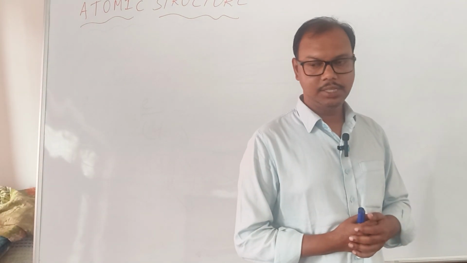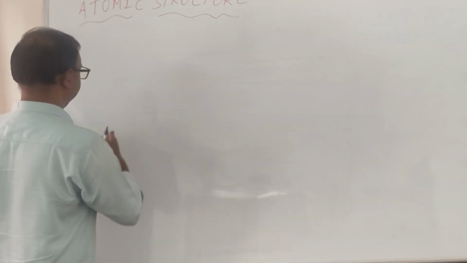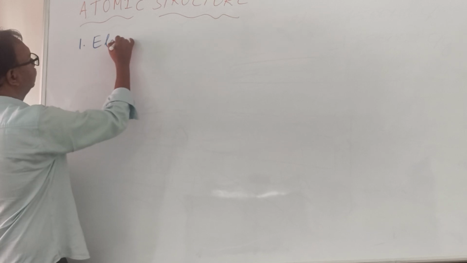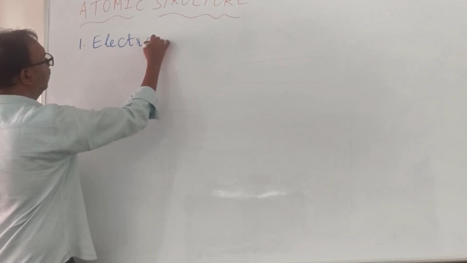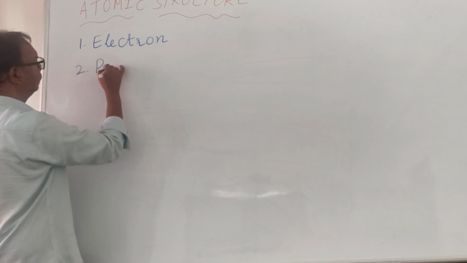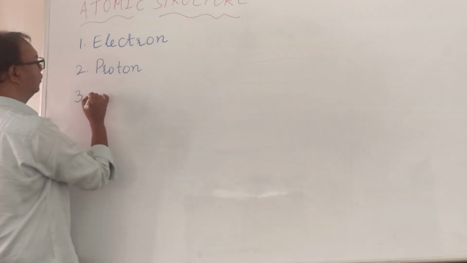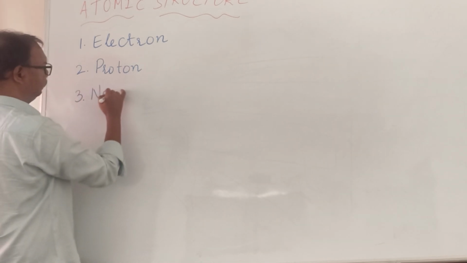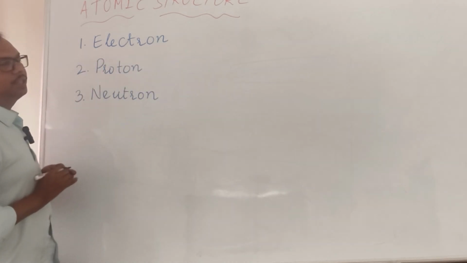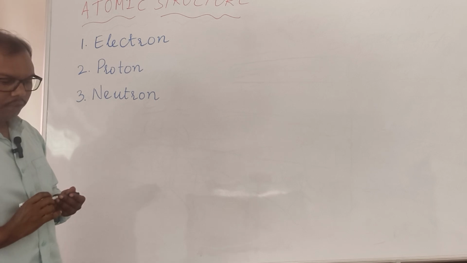But afterwards, the discovery of fundamental particles takes place. What are those fundamental particles? Electron, you know that very well, the second one is proton, and the third one is neutron.